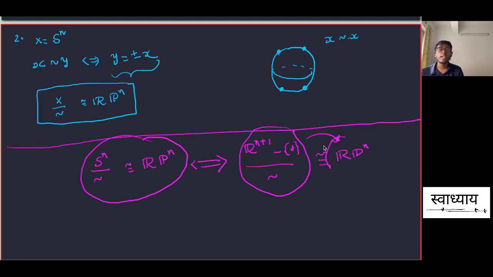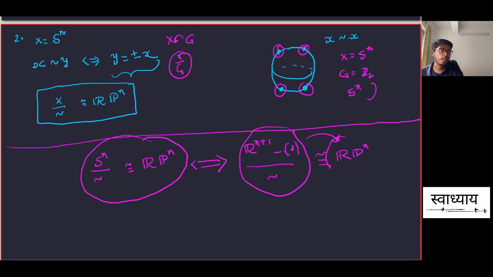Okay. See, last time we also saw that if some space is there, and if some group acts on it, then X mod G is some quotient space. And here, see what is happening. You have X is Sn, and I take my group as Z2, because Z2 is acting here, and this is precisely the space Sn mod Z2.